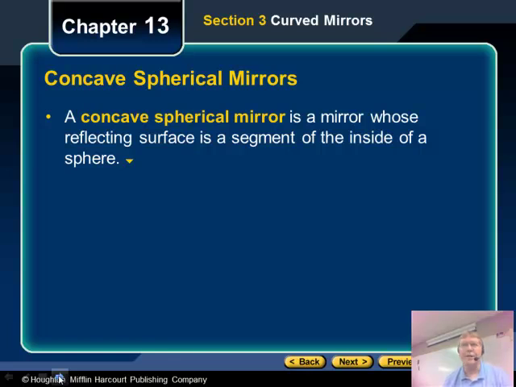If you imagine taking a globe and cutting a thin slice off of it, the inside surface of the globe would be a concave sphere. If you make that a reflecting surface, then you have a concave spherical mirror.